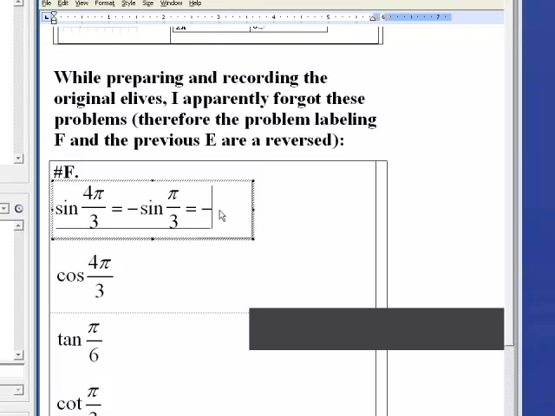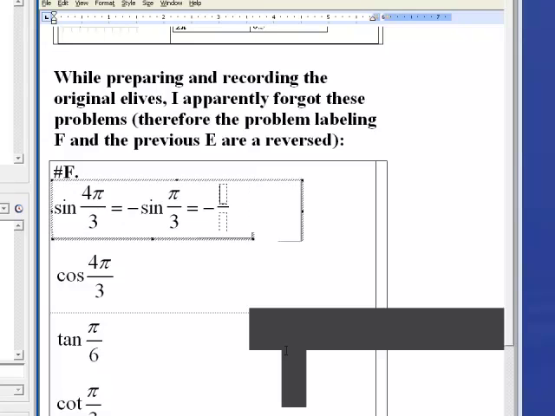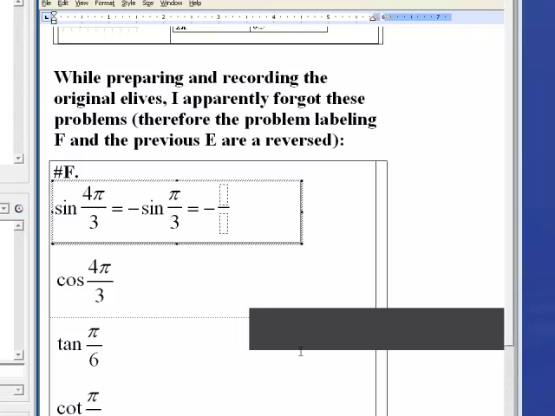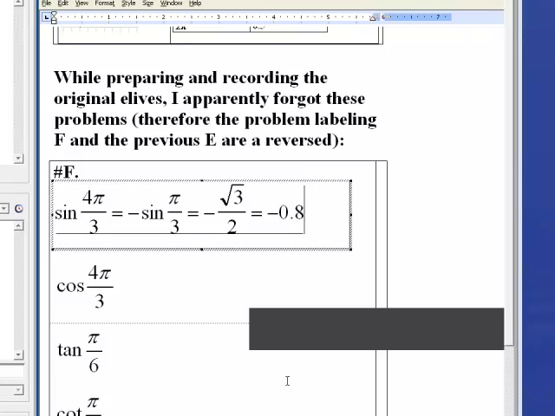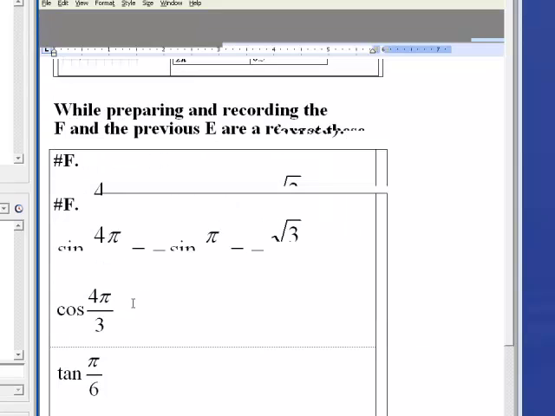And then we know that pi over 3 is the same as 60 degrees, and we know that the sine of 60 degrees is the square root of 3 over 2. If we wanted to write that as a decimal, it would come out to minus 0.866, as we have it memorized.